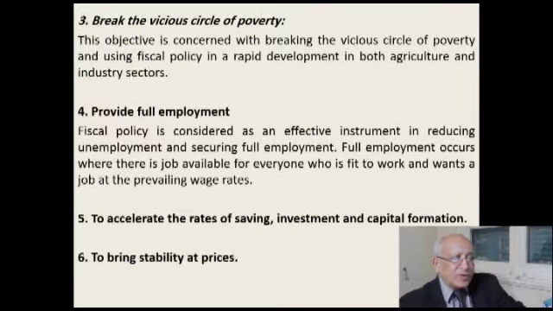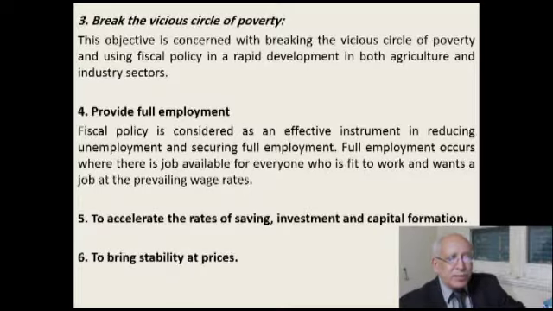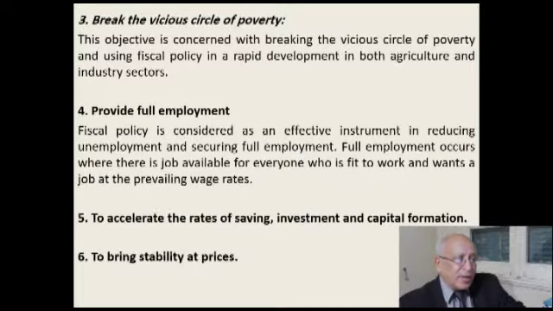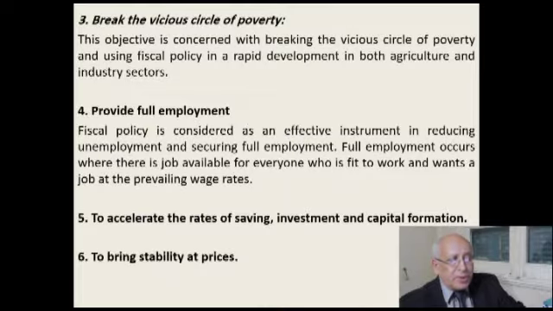This objective is concerned with breaking the vicious circle of poverty and using fiscal policy in a rapid development in both agriculture and industry sectors. Government can use fiscal policy to reduce poverty by using tax policy or expenditure policy.